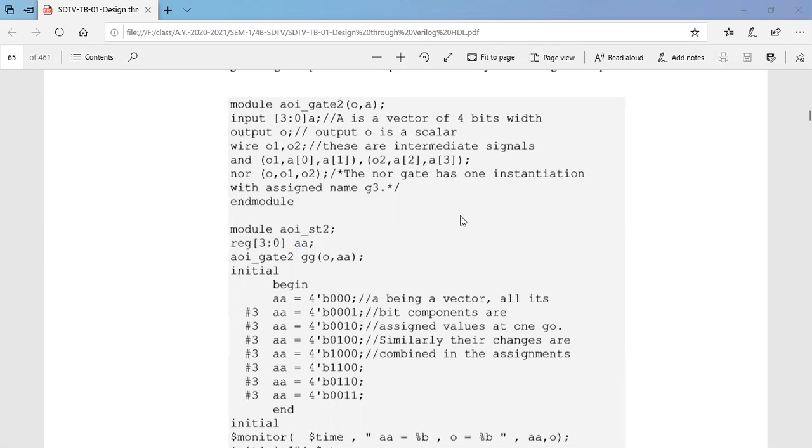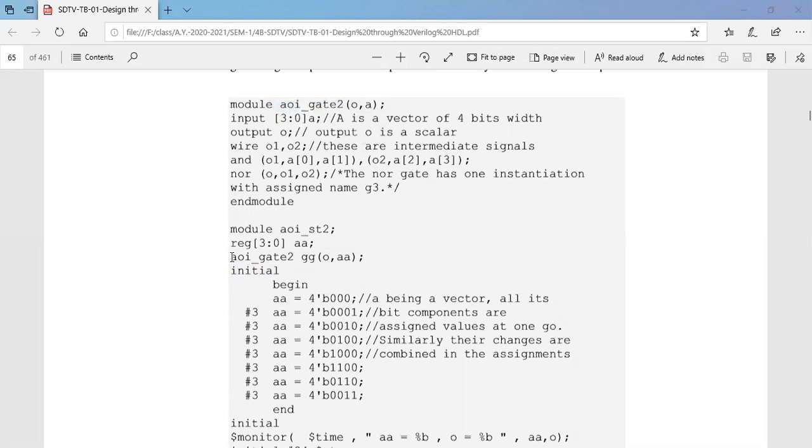It is user defined, right? AOI gate to, it is also user defined. GG is user defined. I am instantiating the AOI gate. So I wrote that here. And whenever I instantiate it, I have to give some local name for it, apart from the original name.